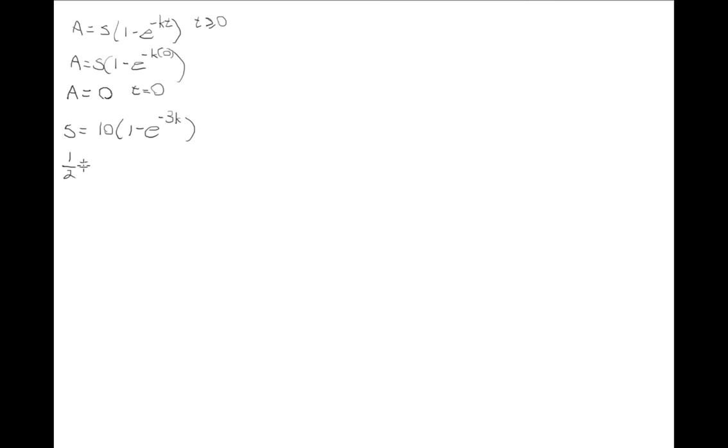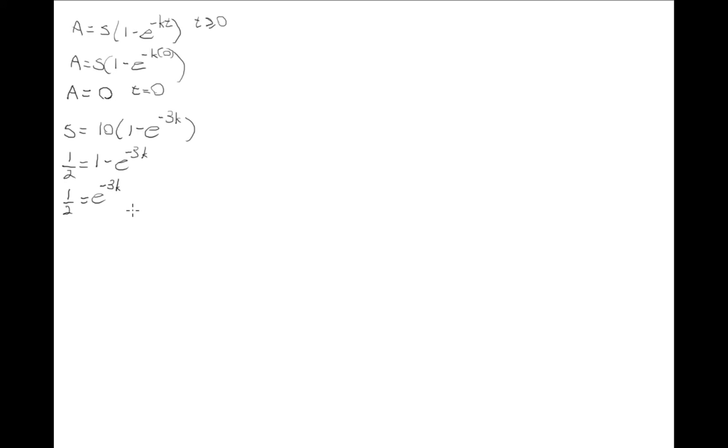So a half is equal to 1 minus e to the power of minus 3k. We'll take our 1 across, so minus a half is equal to minus e to the power of minus 3k. So really that is just a half being equal to e to the power of minus 3k.